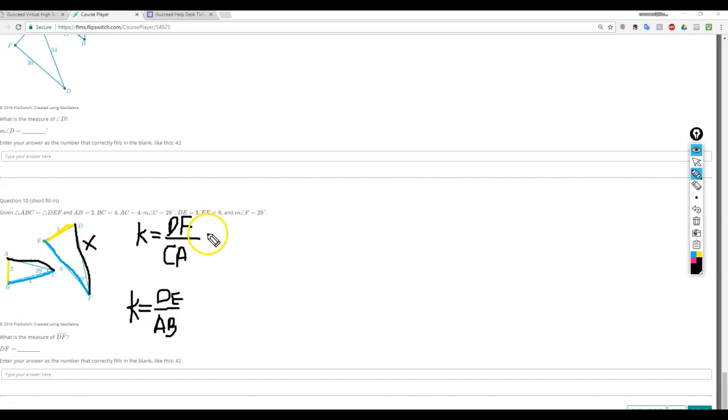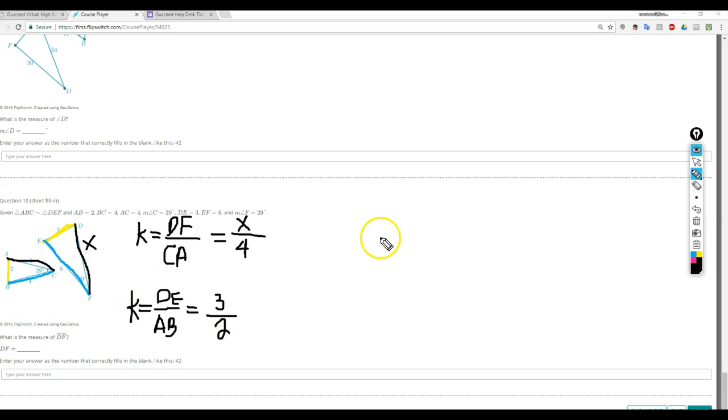Now, by substitution, DF is the one that we want to know, and CA's length is 4, the length of DE is 3, and the length of AB is 2.